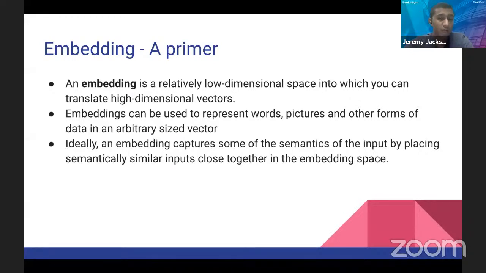So there's this concept of embeddings. An embedding is a low dimensional space on which you can project a high dimensional vector. What I mean by this is, let's say you have an RGB image which has 3 channels, and it is of size 256 by 256. You can get this image and transform it into something that can be expressed as a vector of size, let's say, 128.